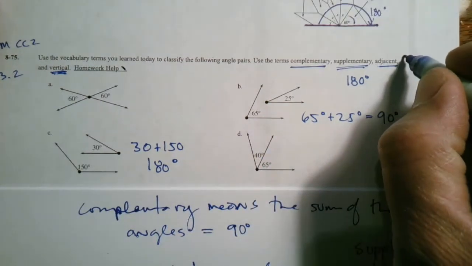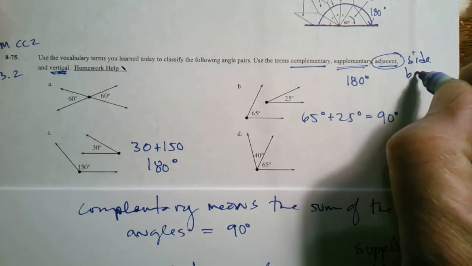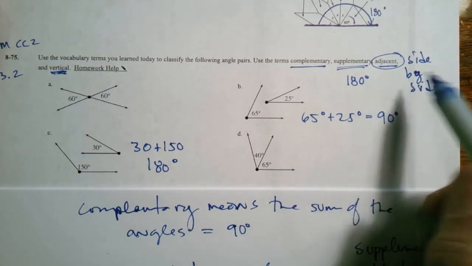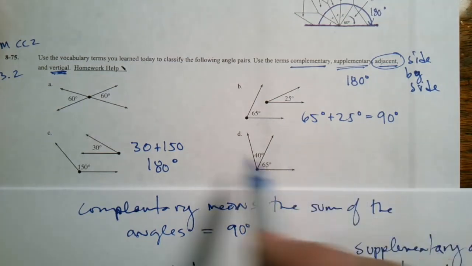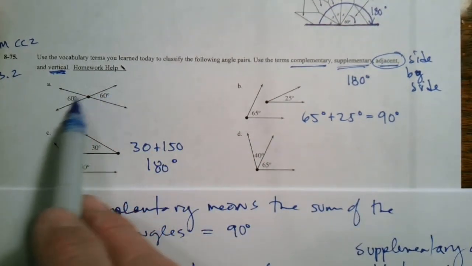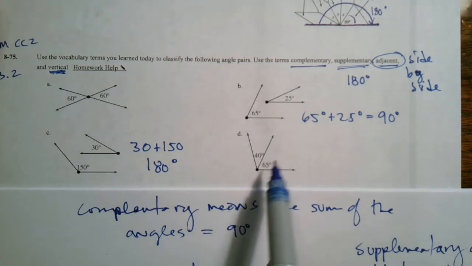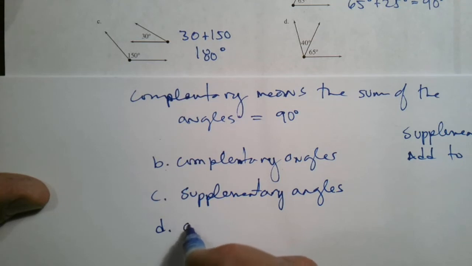So adjacent means side by side. They share a common ray, right? So they share a common ray. They're side by side. So if you look, these are not side by side. They're opposite each other. These two are side by side. They share a common ray. So we would say for D, they are adjacent angles.